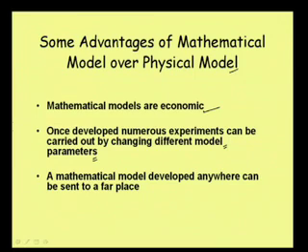But if we develop a physical model in this institute, and someone from a far place asks for this model, transporting that physical model, if it is of bigger dimension, will be a big problem. But that is not happening in the case of a mathematical model. We can send the code straight away, and people are sharing their knowledge, and people are using the mathematical model with great advantage.